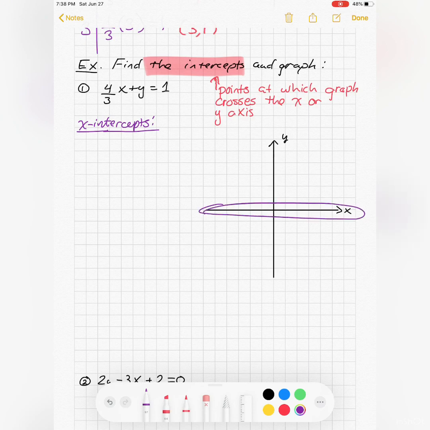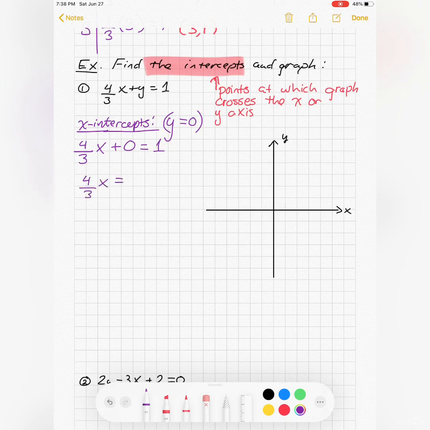I'm here on the x-axis. So the x has changed, but the y hasn't gone up or down. So I have to set the y equal to 0, because that means I'm actually on the x-axis. So 4/3 x plus 0 equals 1. Divide. Okay, so the x-intercept is 3/4, 0.